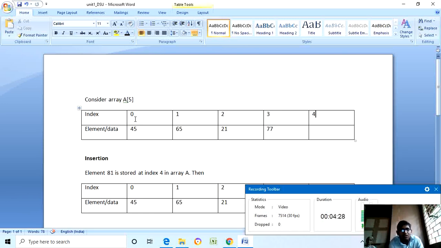So in this case, all integers are collected. We cannot collect one integer, one character, one float. It is not possible. You are familiar with all these terminologies: what is integer, what is float, what is character. All these are the data types present in C programming. So we cannot collect different data types. Heterogeneous grouping is not possible in the case of an array. Only homogeneous grouping is possible.